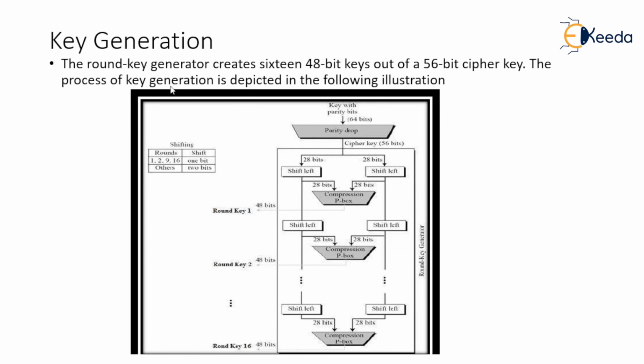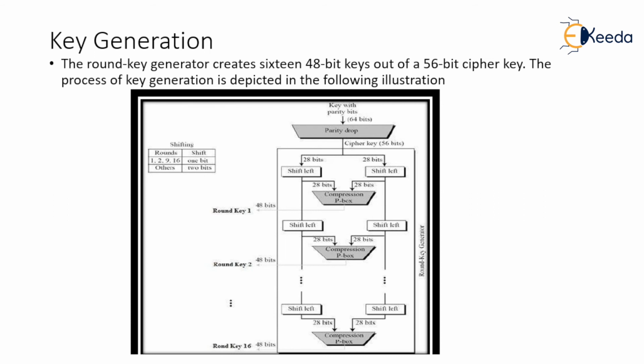For rounds 1, 2, 9 and 16, a 1-bit shift is done, and for the others, 2-bit shifts are done. When you get the 48 bits of output, it is XORed with the 48 bits of the right half of the plain text block, which we have seen in the previous figures.